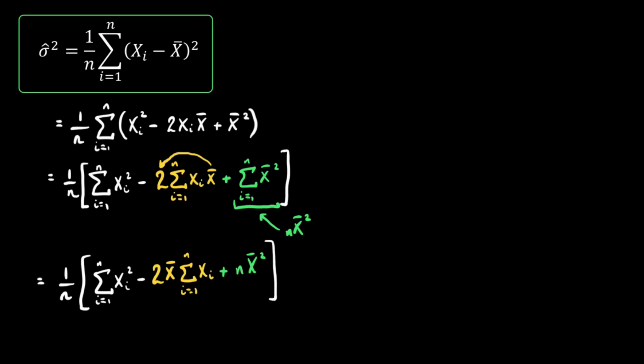By definition, the sample mean is just equal to 1 over n times by the sum from i equals 1 to n of xi. So that means that if we multiply left and right by n, n lots of x bar is just equal to the sum from i equals 1 to n of xi.